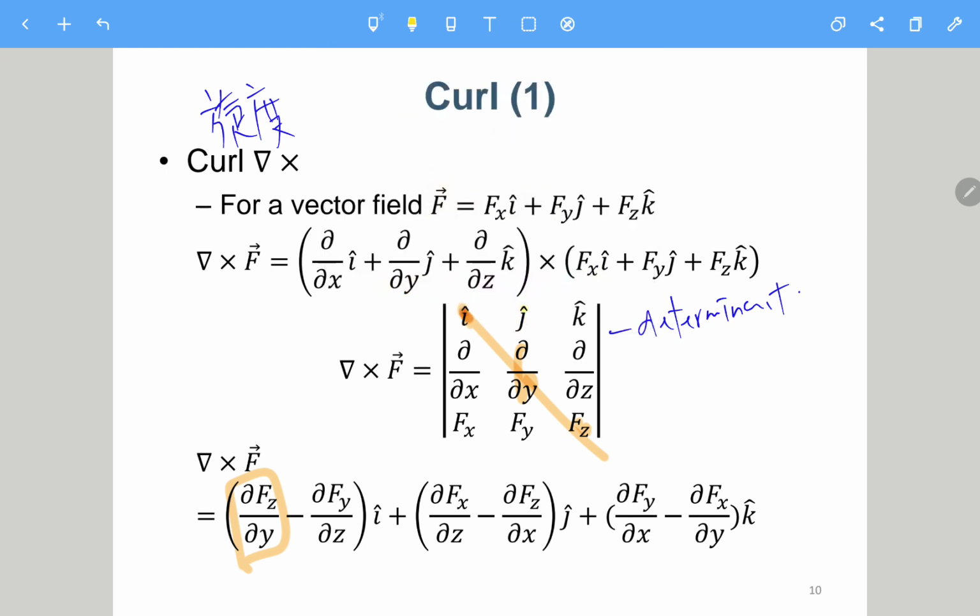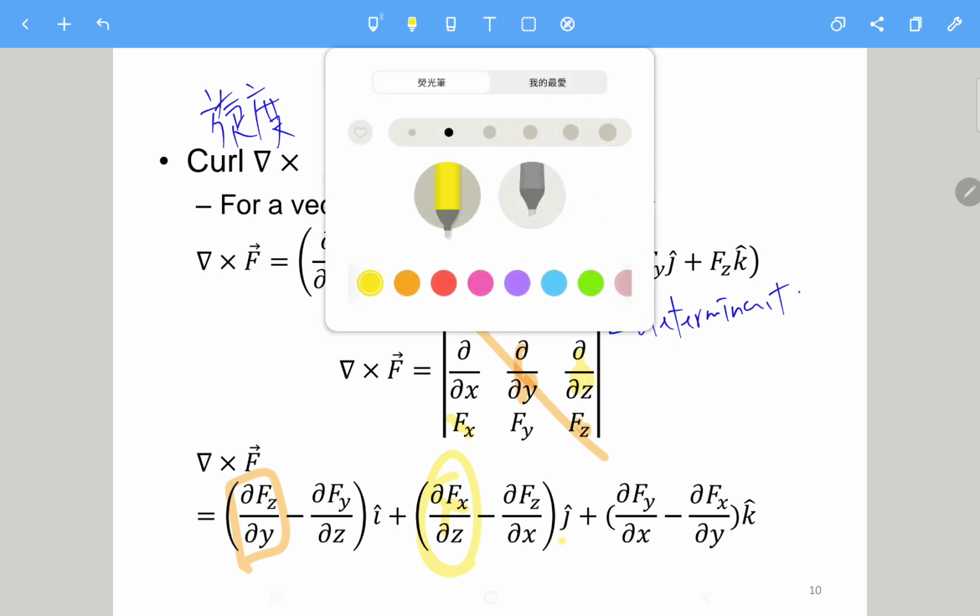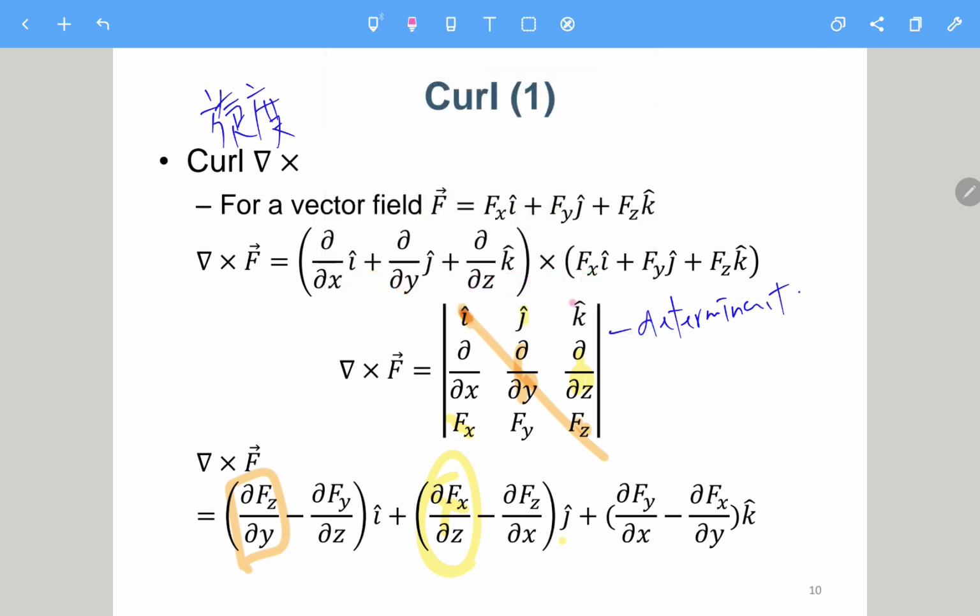So we have j partial z fx. This is still positive. So we have j and then partial z fx, which is this term. And then we use another color like green or pink. So k partial x fy, which is this term.